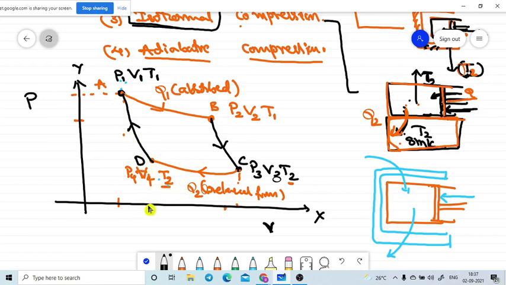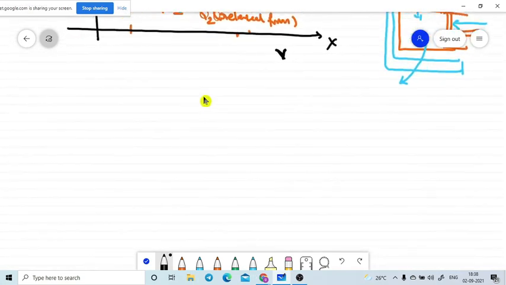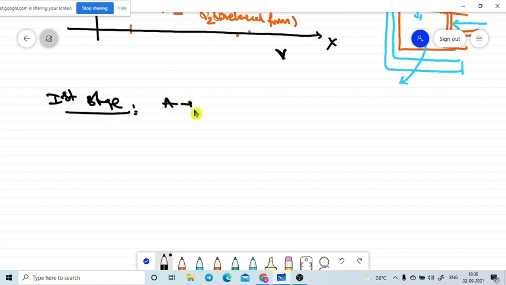Now let me take the stages one by one. We need to know what is happening, and what the work done is in each stage. Let me take the first stage, from A to B. That is nothing but isothermal expansion.